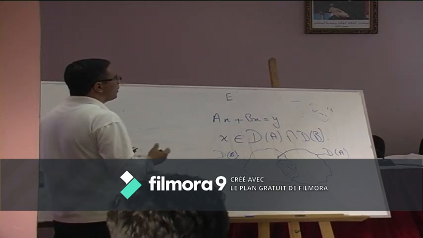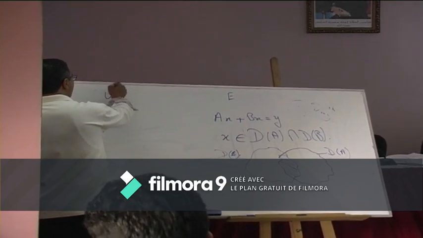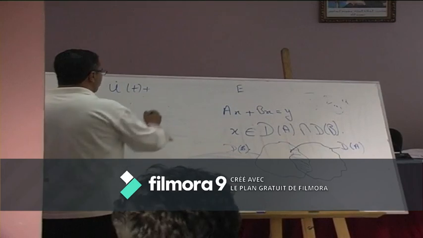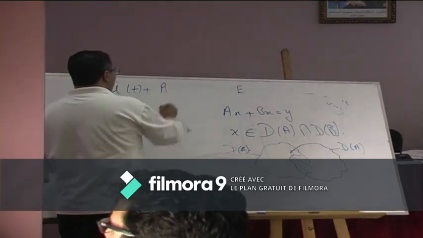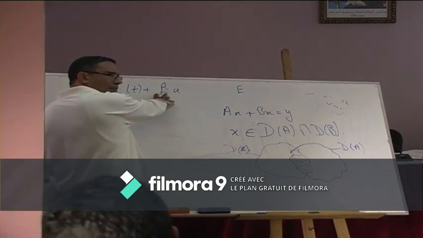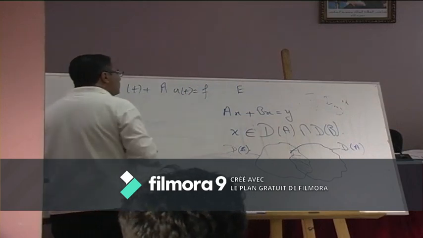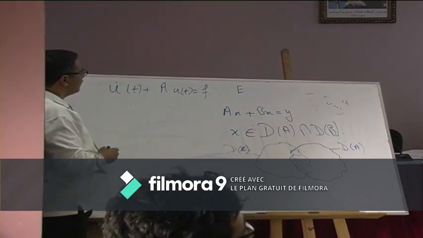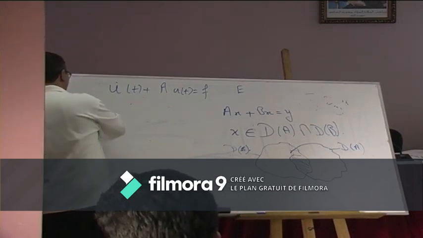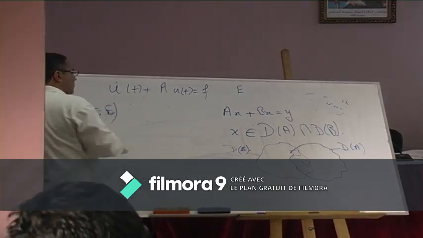For the talk of Mr. Mahdi in the morning, we treat the problem u dot plus A u, where A depends on time in the non-autonomous case, is equal to f, which belongs to L^p(0,T; A), or E if E is a Banach space.